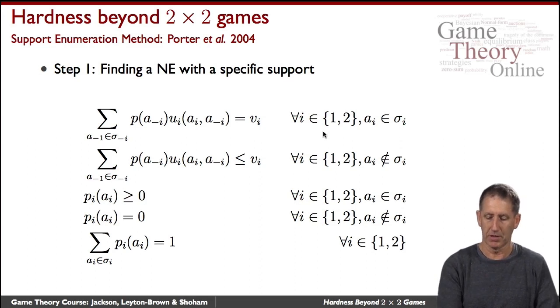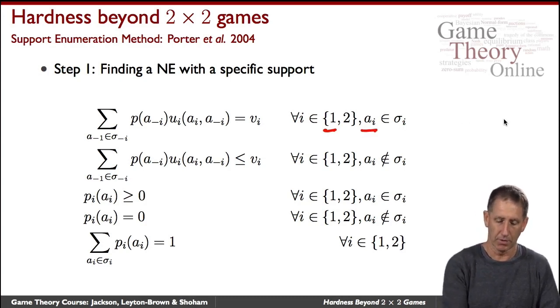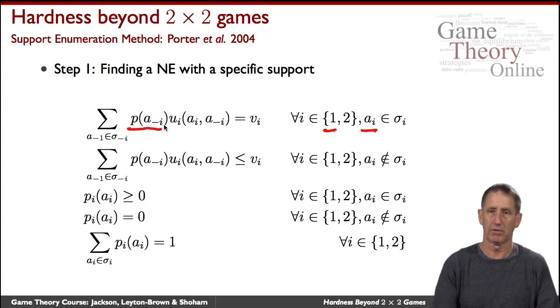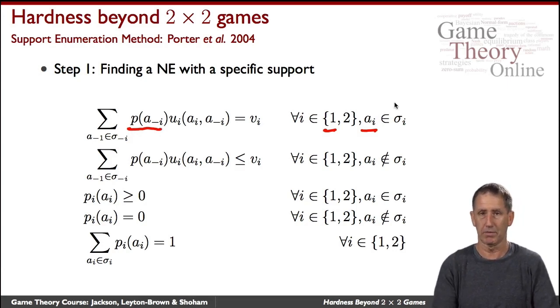This will be limited to 2 players. Let's look at all players in turn, for example player 1, and at every action of that player, for example a sub i. We'll be looking for a mixed strategy profile for each of the players that gives us a Nash equilibrium, namely each agent will be best responding.